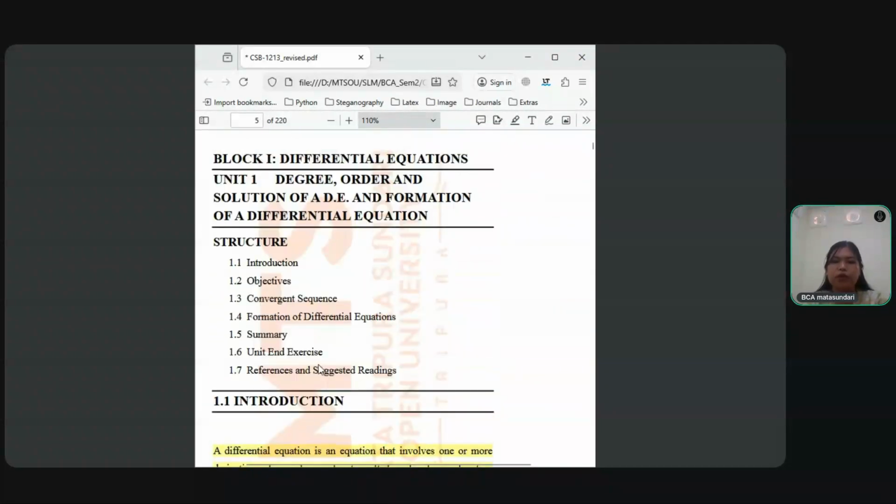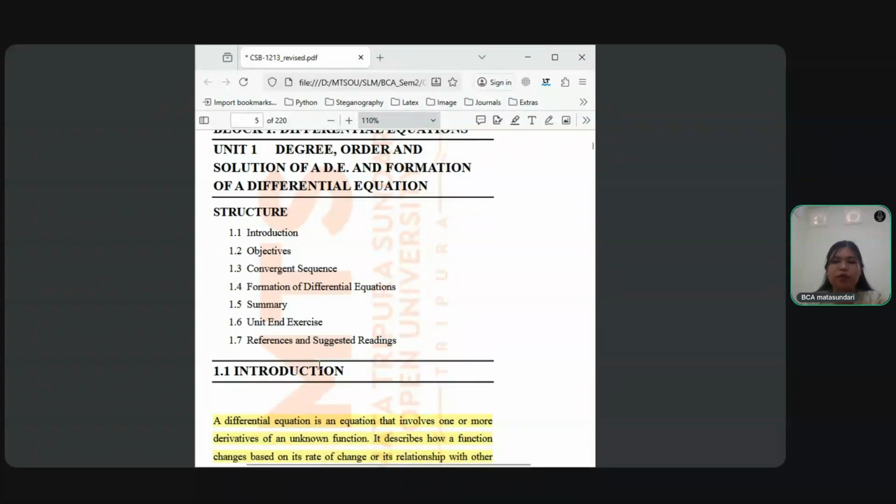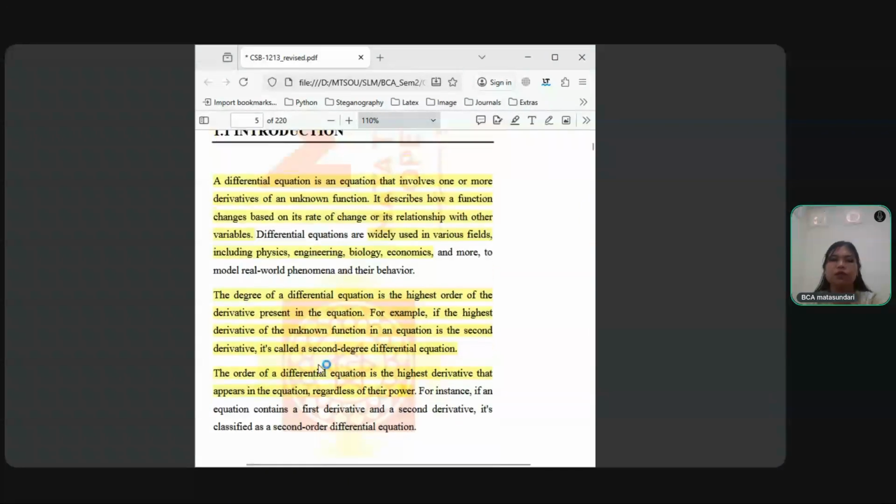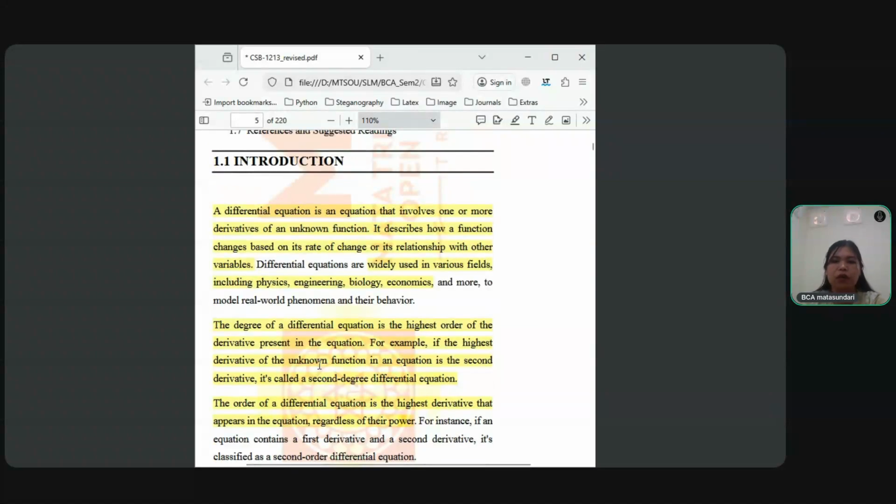So moving to block 1, unit 1: degree, order, solution of a differential equation and formation of a differential equation. Here we'll see the convergence sequence, formation of differential equations. First, let us discuss the introduction. A differential equation is an equation that involves one or more derivatives of an unknown function.